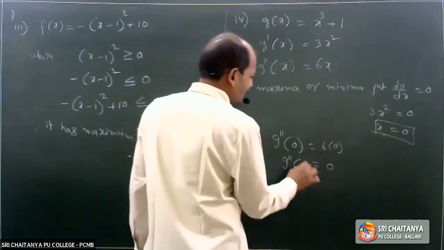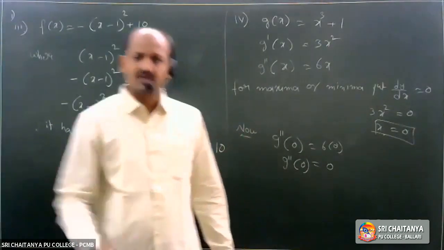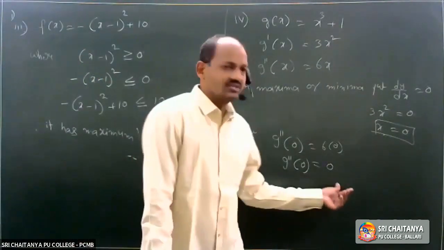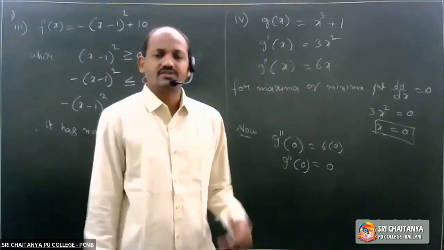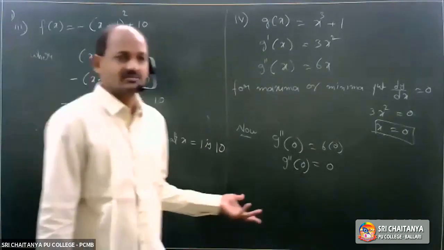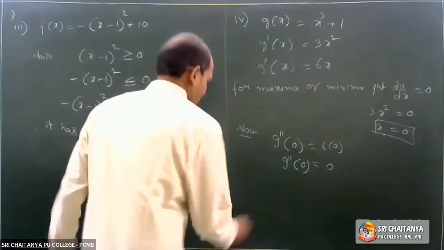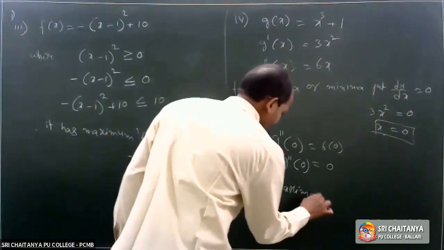Second derivative positive means minima, second derivative negative means maxima. Here the second derivative is 0. If the second derivative is 0, there is no maxima and no minimum. That means neither increasing nor decreasing. Therefore, no maxima, no minimum.